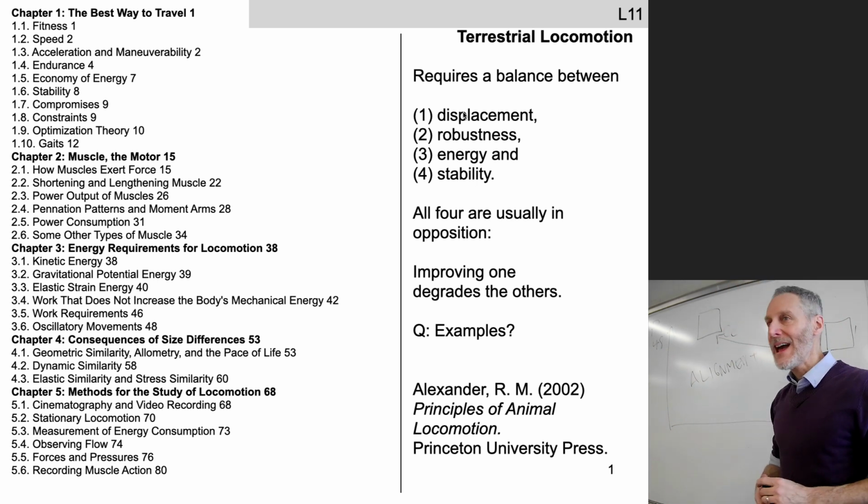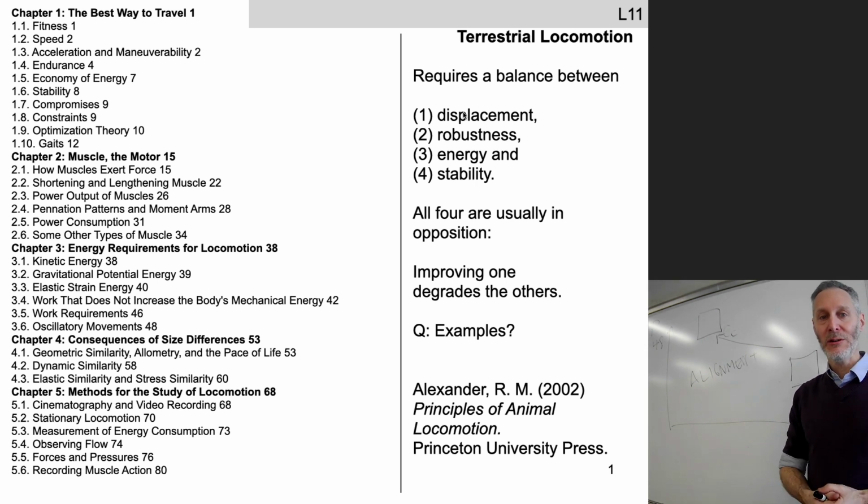Take your favorite land animal or marine animal if you like, and think about how fast does it go, how slowly does it go, how robust is it, how many different environments can that animal move through, what are its energetic requirements, and how stable is it? Okay, let's take our favorite species, us.